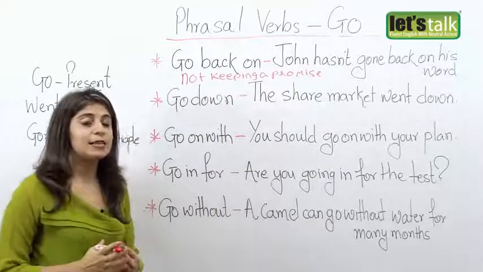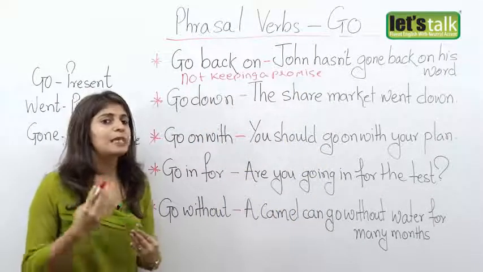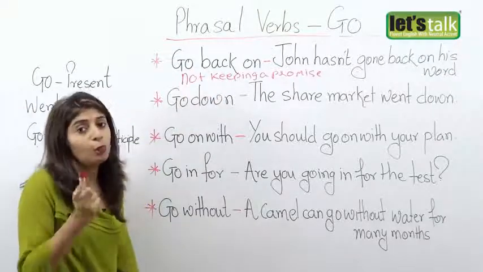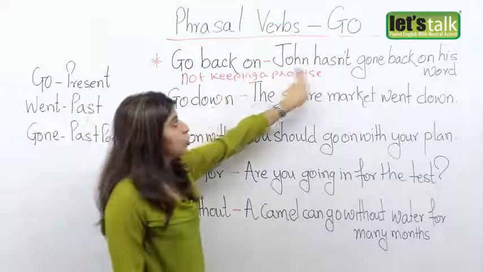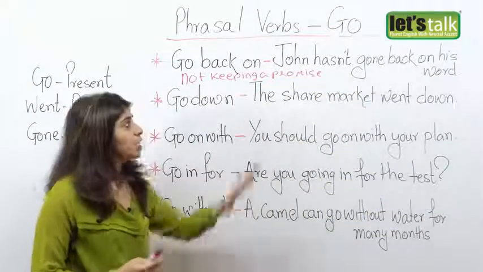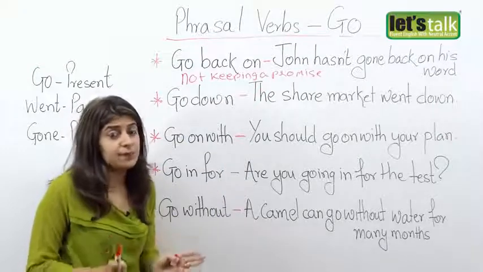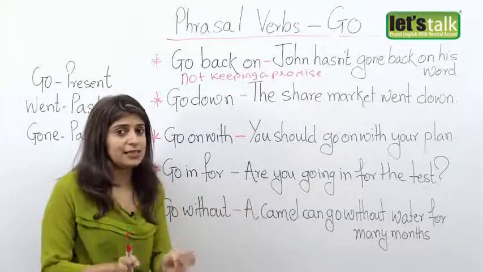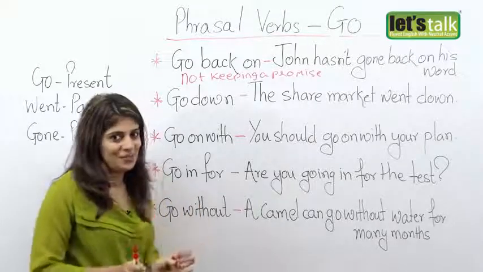So someone who doesn't keep their word or their promise, you can say that you are going back on your words. For example, John hasn't gone back on his word. So this means maybe John has promised something and up till now he has not gone back on his word. Okay, so this basically means that he has kept his promise, right?